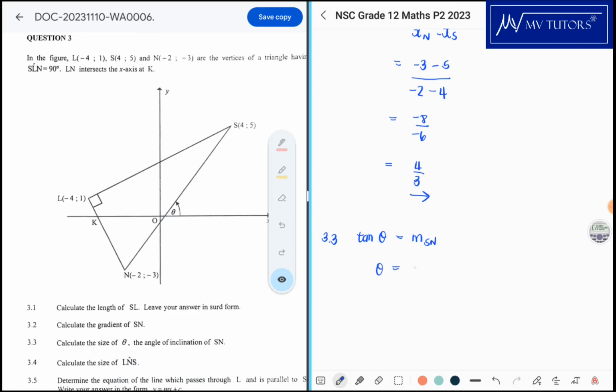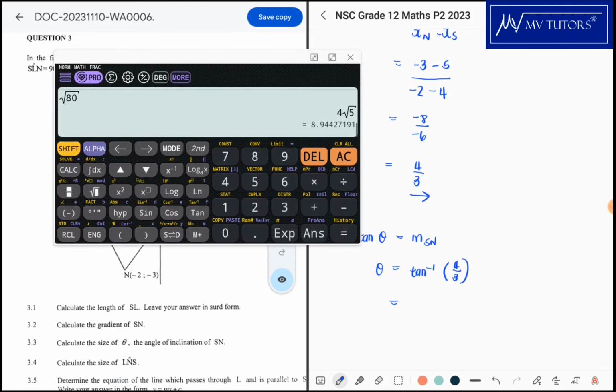So if I want theta, that would be arctan, or the inverse of tan. And the gradient that we calculated was 4 over 3. So here, let's use the calculator. Make sure it's on degree mode and not radians. So shift tan, 4/3, and we get the angle of 53.13 degrees.